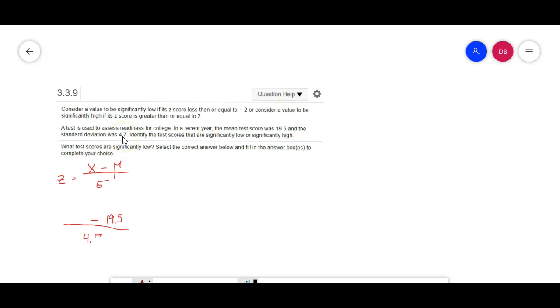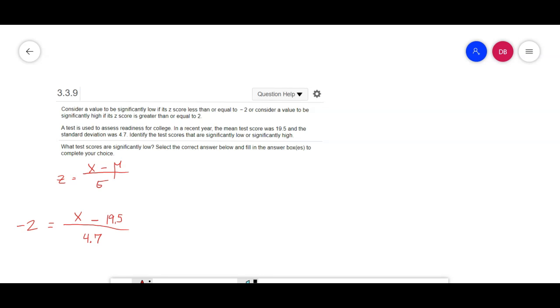Now, what test scores are significantly low? It says it right here: anything less than or equal to -2. So I start off by changing the z-score to -2, and now I just solve for x. That will tell me what is considered significantly low, and when I change it to +2, it will tell me what's significantly high.